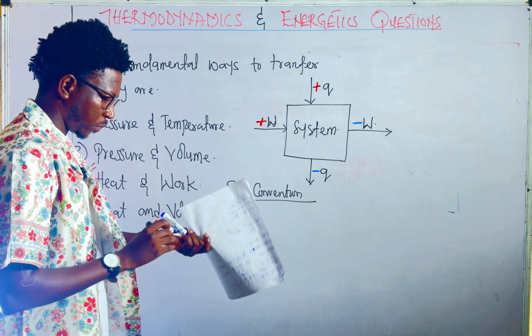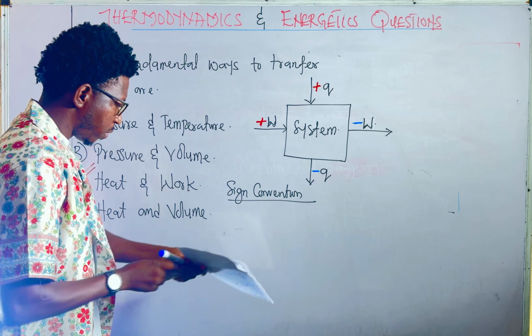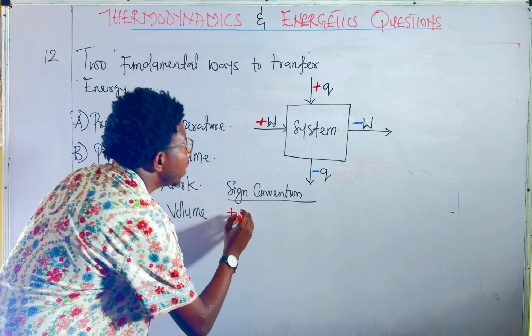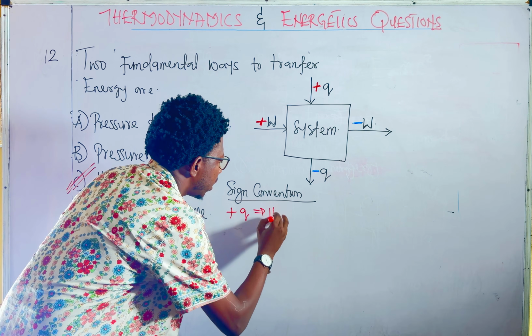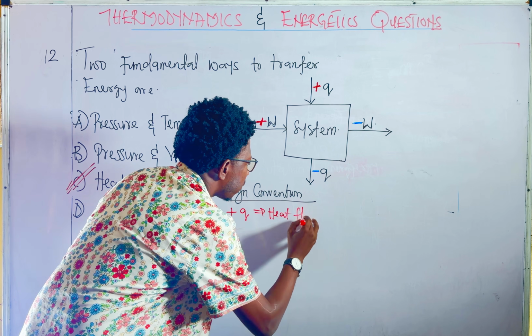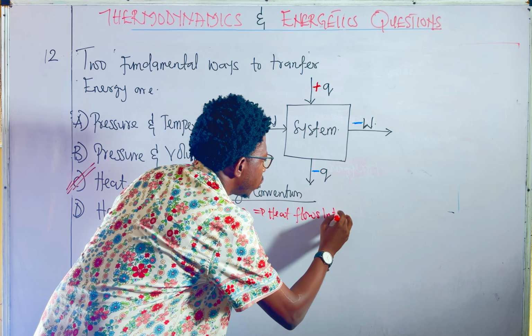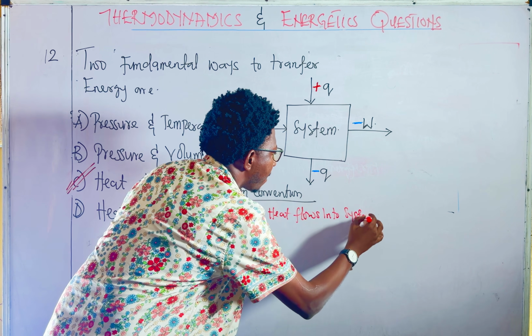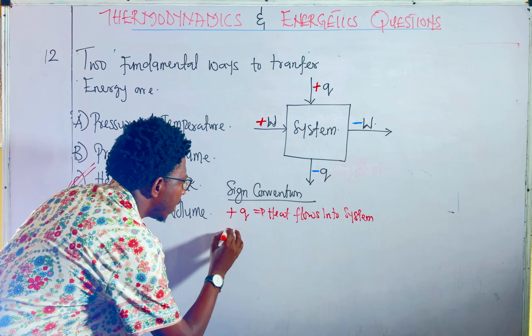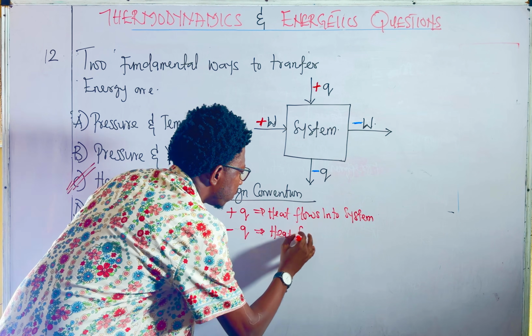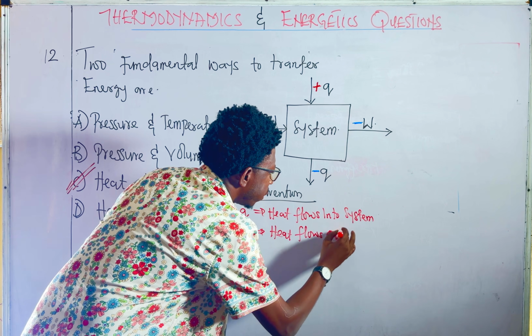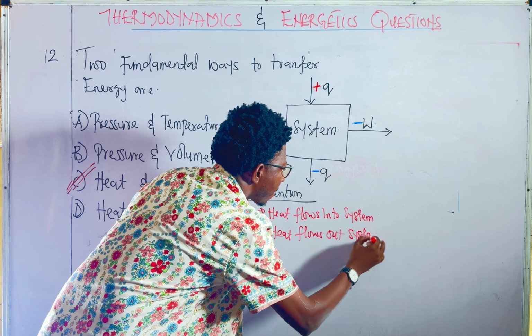Positive Q: heat flows into the system. Negative Q: heat flows out of the system.